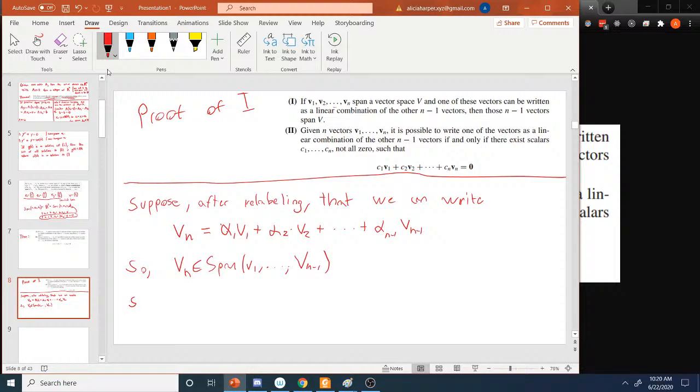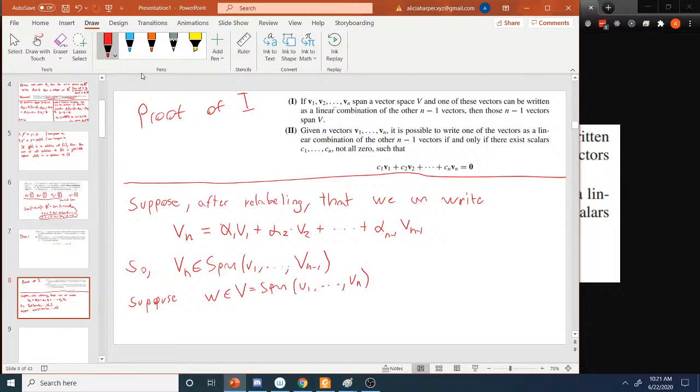Now, suppose, or I'm sorry, I want to actually assume that W is an element of the vector space V, which is the span of all the things, so V1 through Vn.